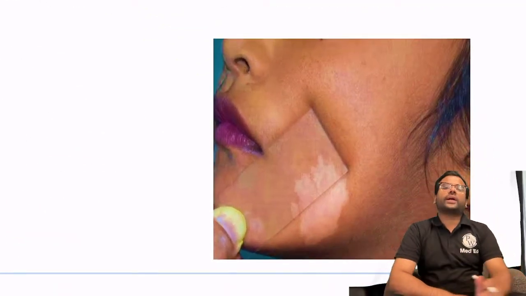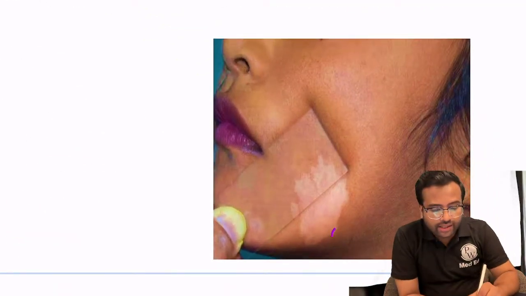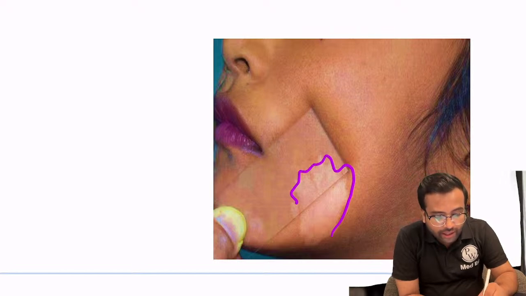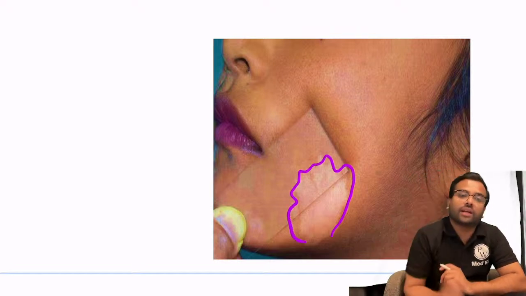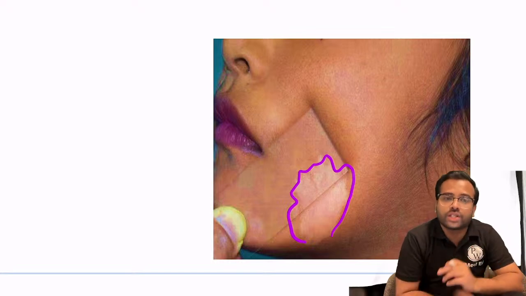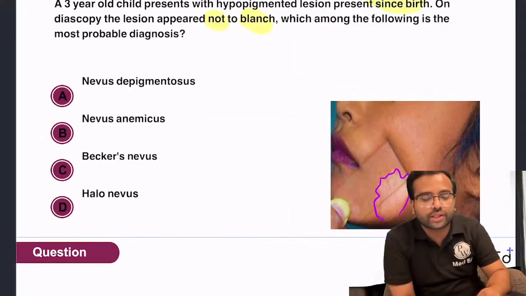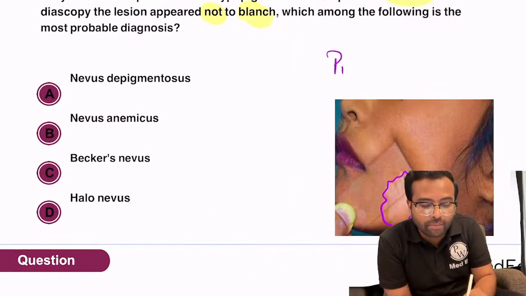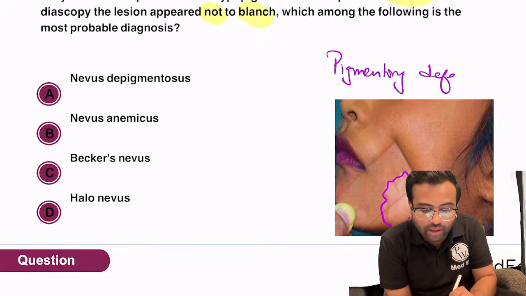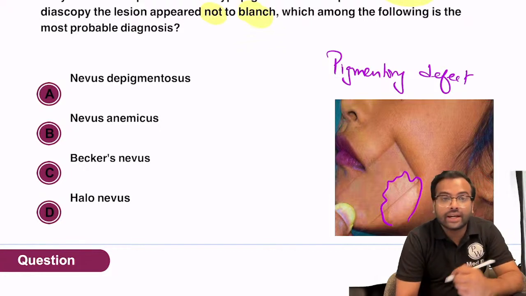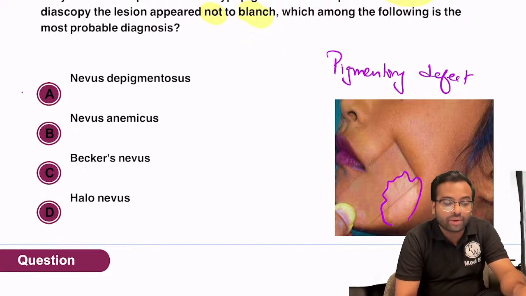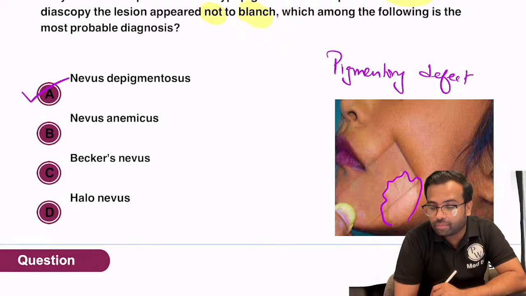What I can see here is there is a well demarcated lesion over the skin, and when you are pressing the skin with a glass slide, there is absolutely no change. No change to this lesion means this can be a pigmentary defect rather than a capillary defect. So if it is a pigmentary defect, what is the name? The name is nevus depigmentosus.